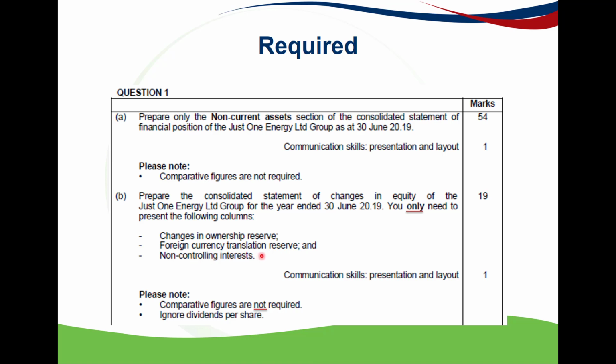Again, do not waste time providing the share capital column, retained earnings, revaluation surplus, or total equity columns. Only answer what is required. And then, of course, please note comparative figures are not required, meaning we only need to start our solution with 1 July 2018 and then the movements for the current year.